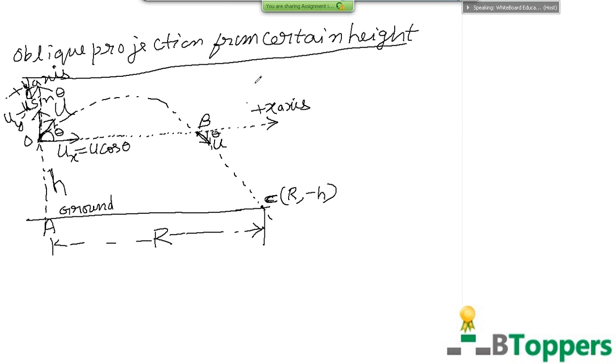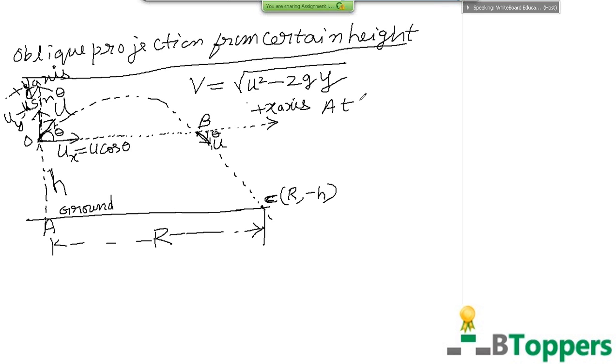As I discussed in the theory of oblique projection, the velocity of the projectile at any instant during the motion under the influence of gravity, in terms of the displacement y in the vertical direction, is given by v equal to root of u square minus 2gy.